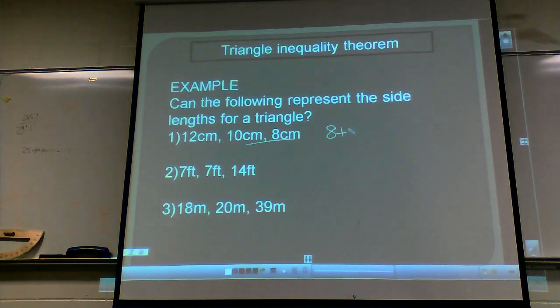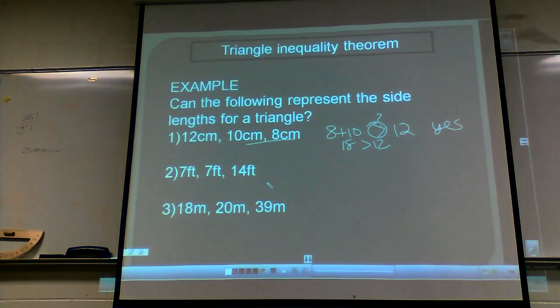So I would do 8 plus 10, and then check whether that's bigger than 12. I know 18 is greater than 12. Yes, it is possible for me to draw a triangle that has side lengths 12 centimeters, 10 centimeters, and 8 centimeters. If it's anything other than this, your answer is no.